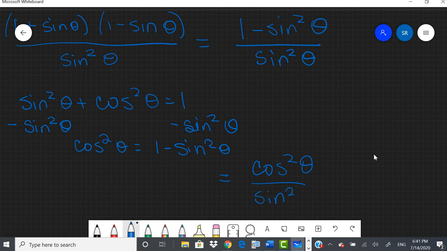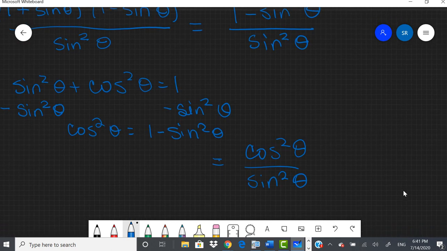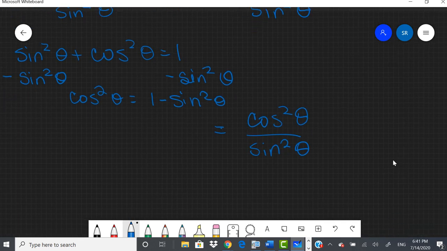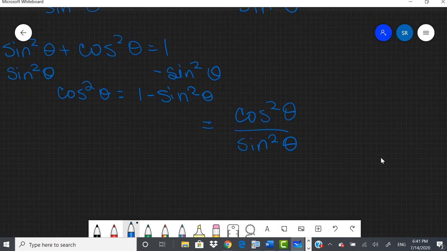Now we go back and look at our trig identities. What is cosine over sine? That is cotangent. And since it's squared, we square the cotangent as well. So this simplifies to cotangent squared theta.